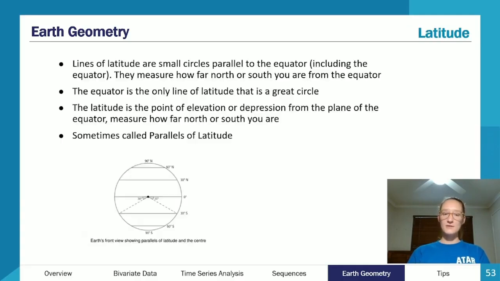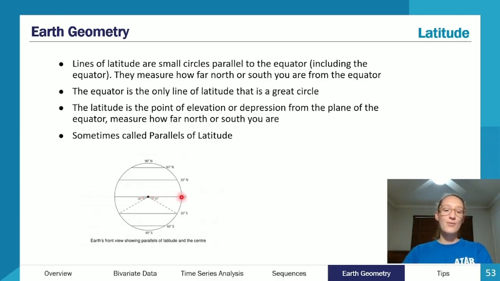Okay, so I've just got my one illustration. Here we can see our diagram is Earth's front view showing parallels of latitude and the center of the Earth. If we're looking at this as our Earth, this is our equator. You can start to see how we use our circles, or lines, or parallels of latitude to get those coordinate points.